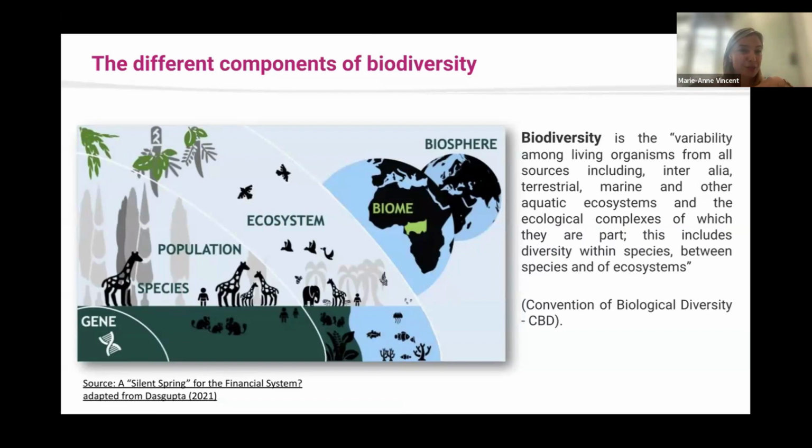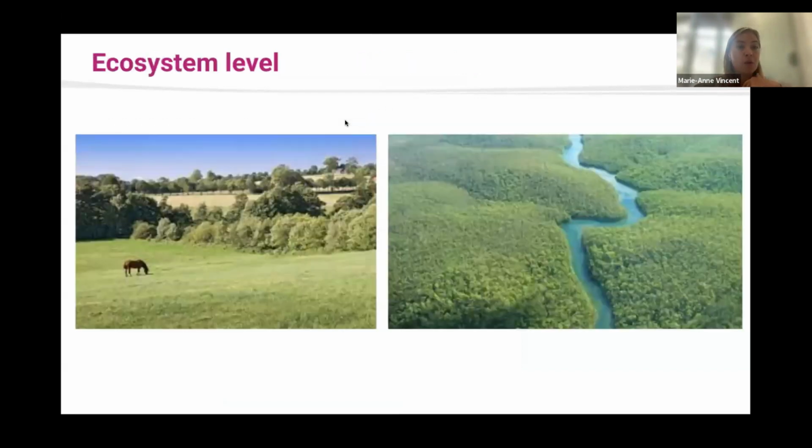Biodiversity is much wider and more complex than climate because it is the diversity of ecosystems, the diversity of species, and the diversity of genes within the species. Why the diversity of ecosystems? Because between the rainforest, the mangroves, the tundra, or the forest in Europe, there are many different ecosystems with different species and different equilibriums.